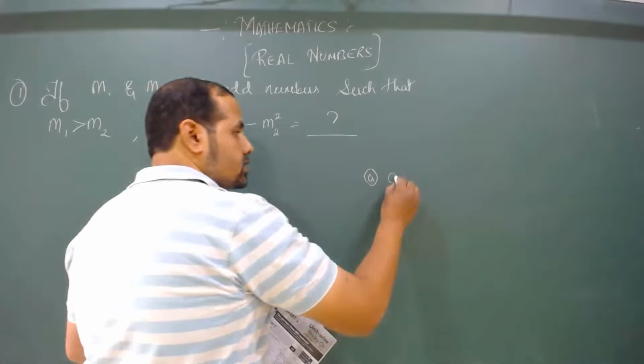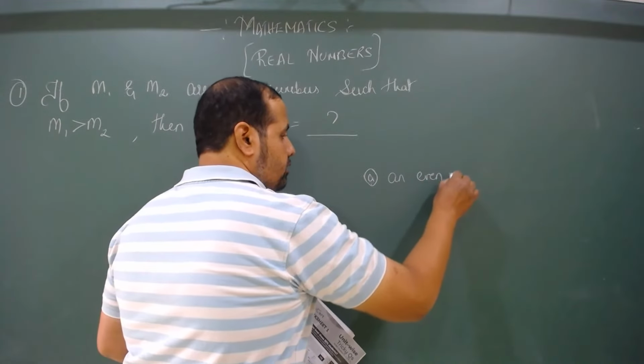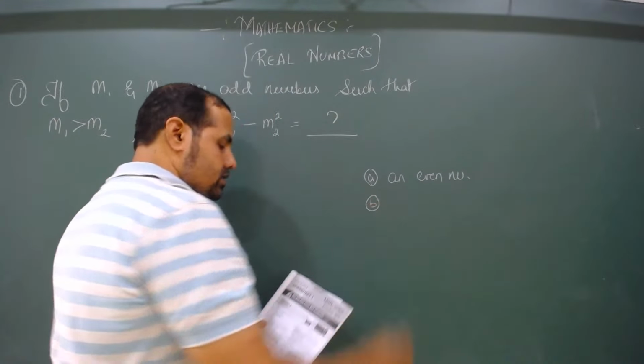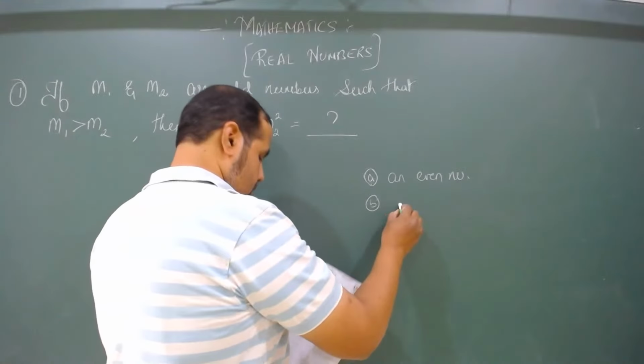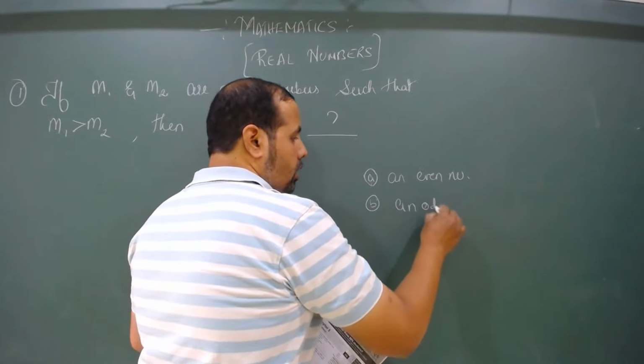First one says an even number. Second option says an odd number.